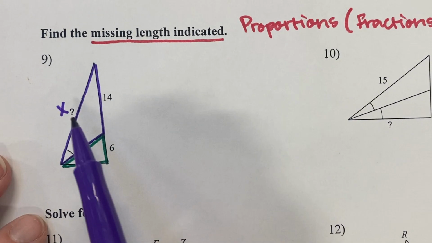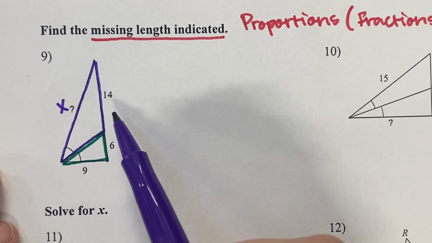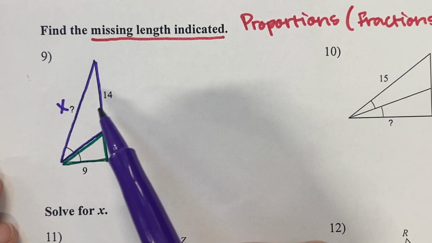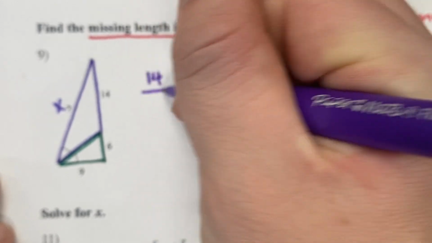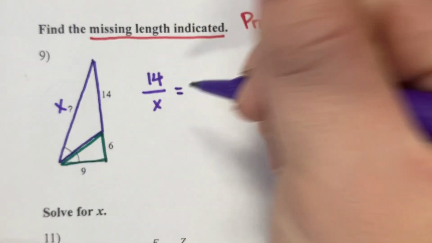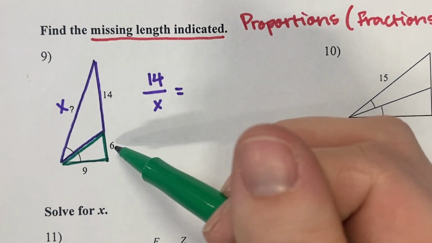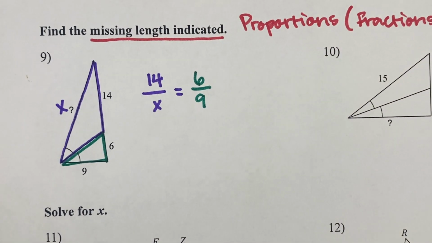In order to solve for x, find that missing length, we need to set up a proportion, okay? So for my purple triangle, I'm gonna go right over left. Okay, so 14 over x, there's our fraction, is equal to, now I have to follow the same pattern for my green one. Right over left, 6 over 9.